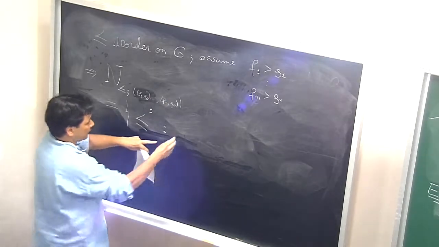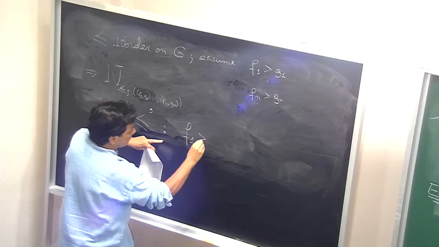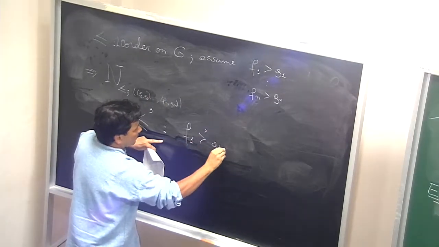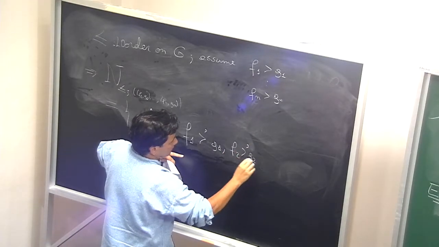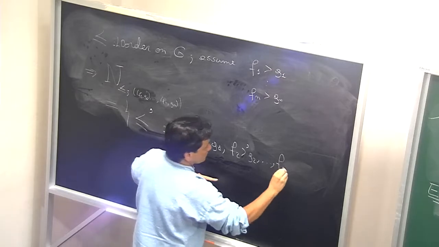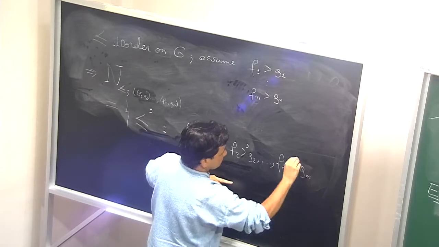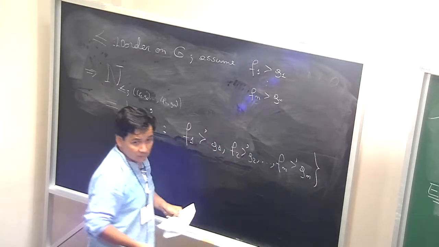Okay, so that for which f1 is still larger than g1, f2 is still larger than g2, and so on. Is it clear?